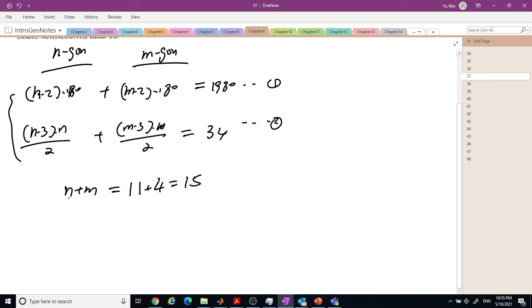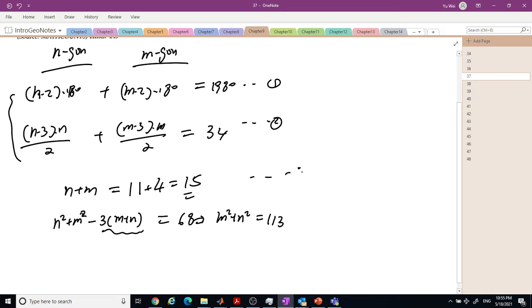And the second one, what we have is n square plus m square minus 3 times (m plus n) is equal to 68. Since m plus n is 15, we know m square plus n square is equal to 68 plus 45, which is 113.